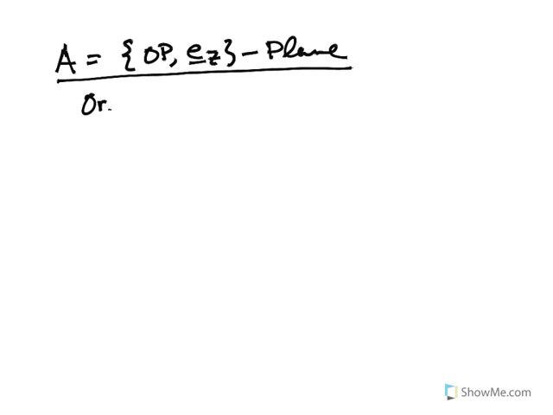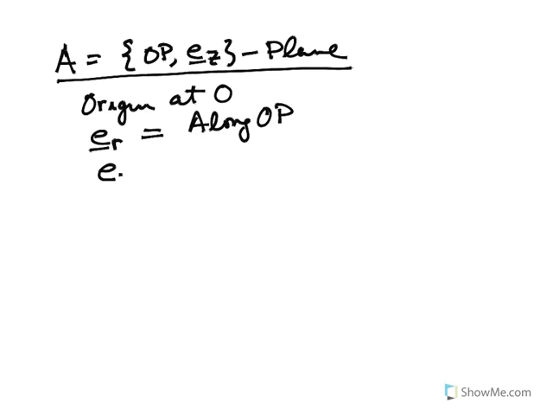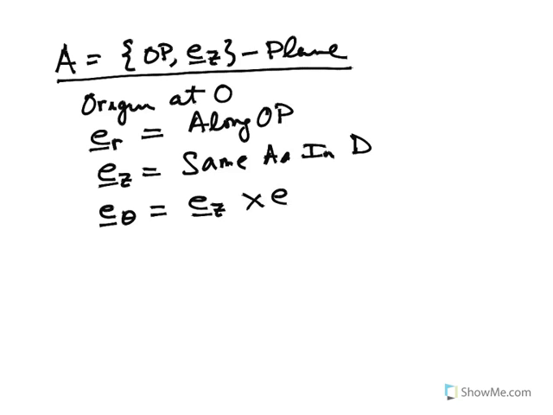So the origin of this coordinate system is going to be at O. I'm going to define ER to be along OP. EZ is the same as used for the disk. And then E theta is going to equal EZ crossed with ER.